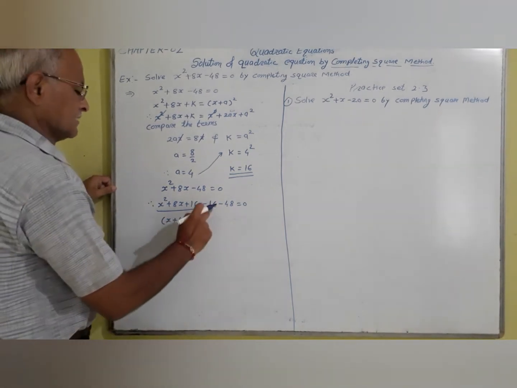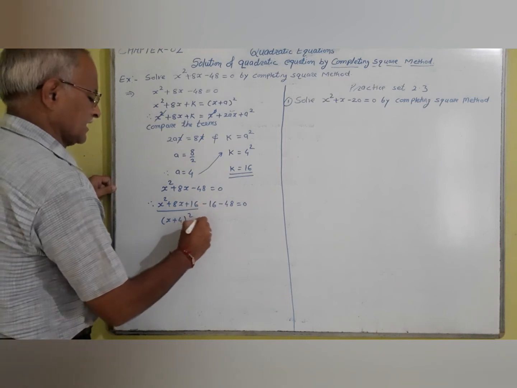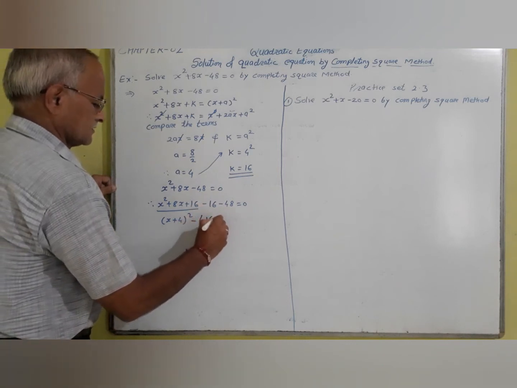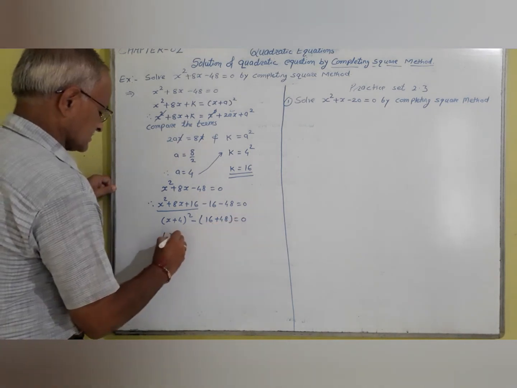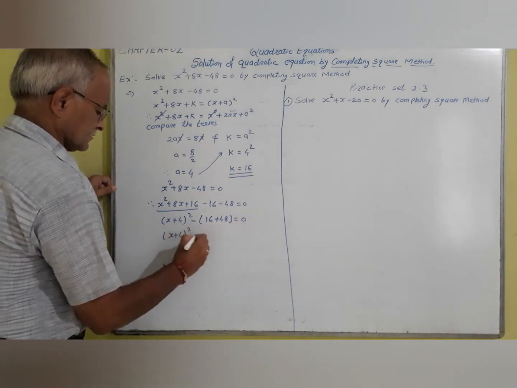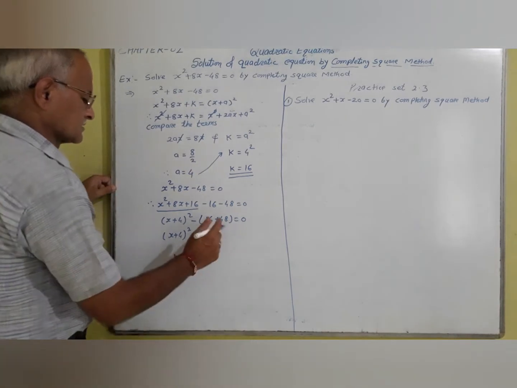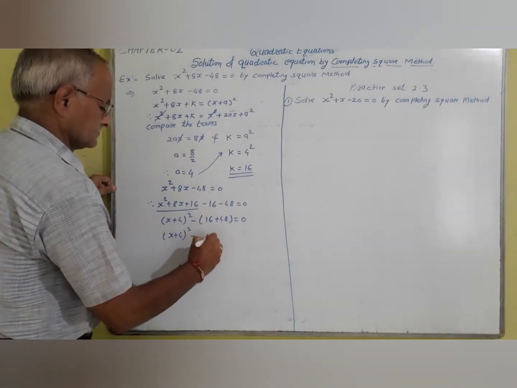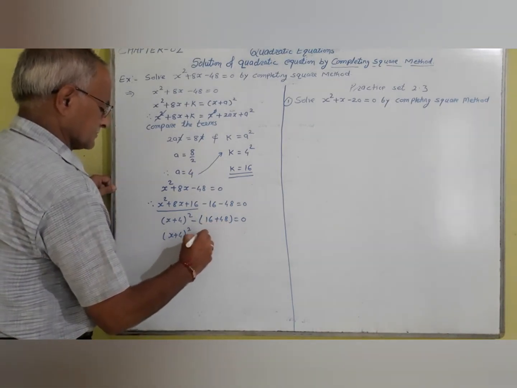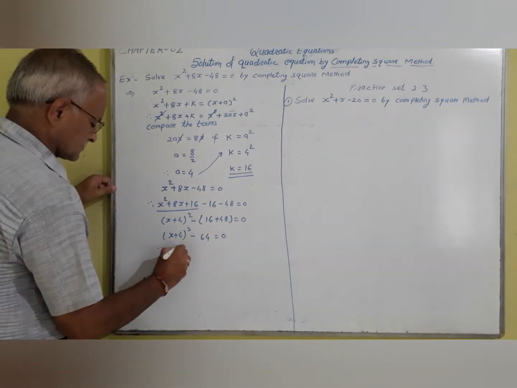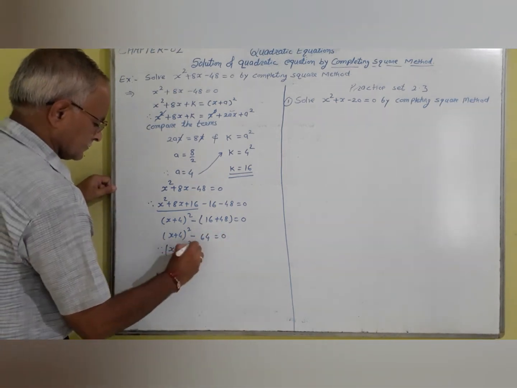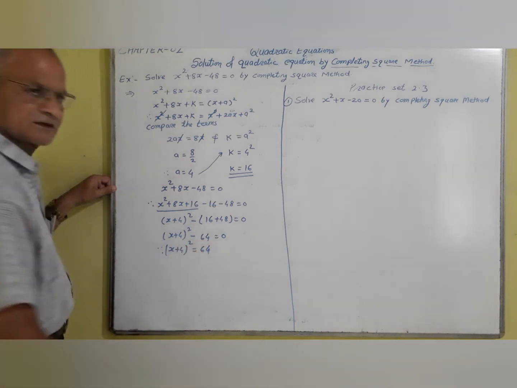From the second, minus 16 minus 48, minus is taken as common, 16 plus 48 is equal to 64. That is (x + 4) whole square minus 64 is equal to 0. Therefore, (x + 4) whole square is equal to 64.